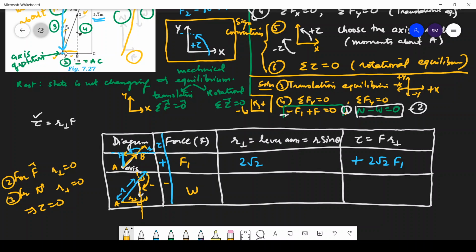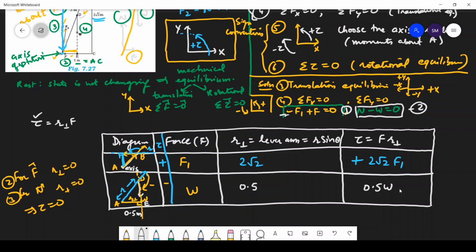This is point A and this is point E. So the distance AE is half of FC, so that is 0.5 meters. This is your perpendicular distance, and this tau comes out to be 0.5 W.